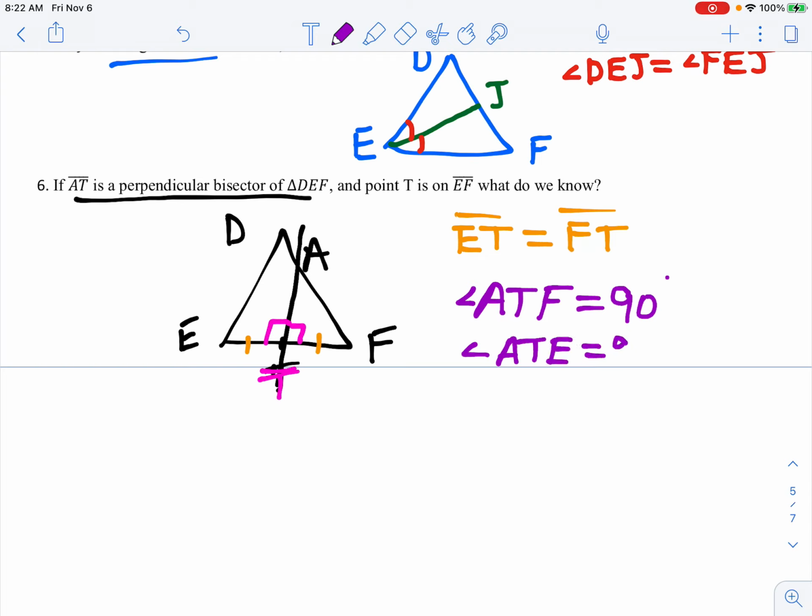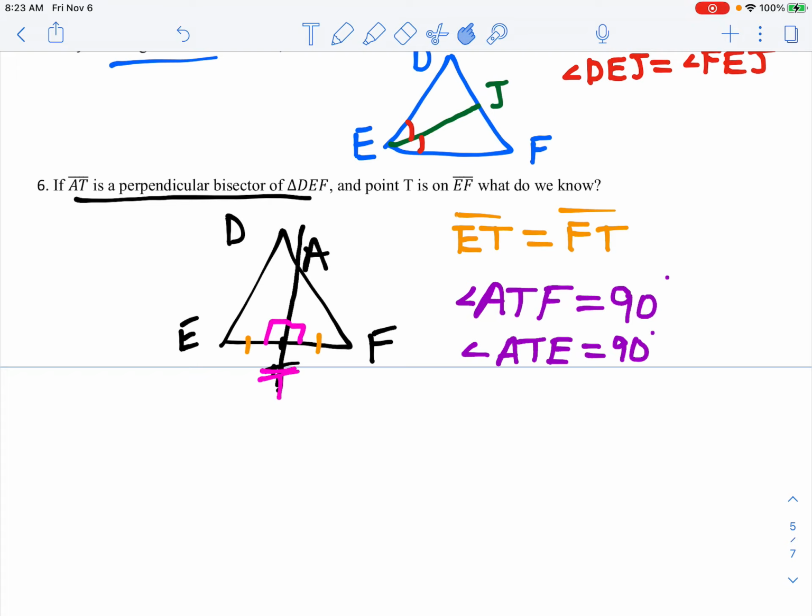All right, so again, quick recap of today's lesson is we want to be able to identify in a picture based on its markings which one of the four terms it is, and we want to be able to draw a picture and label our picture based on the key vocab word. Perpendicular bisector does two things. It forms 90-degree angles and two equal parts of a line.